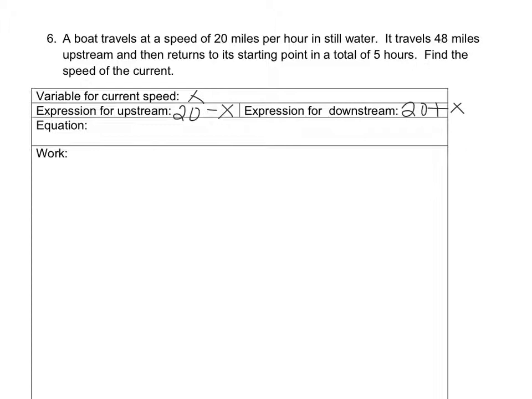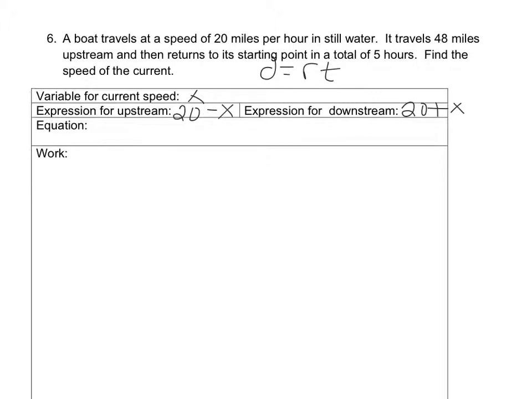Now, if we travel 48 miles up and then return, that's 48 times 2, so 96. So remember, distance equals rate times time. Okay? The big trick here is that we have a total of 5 hours, so it wasn't like 5 hours one way or the other. It's a total of 5 hours, and it's not going to be cut in half because they're different speeds.